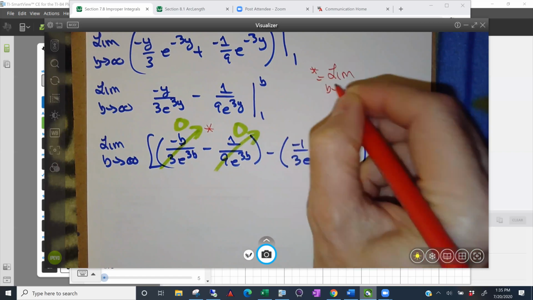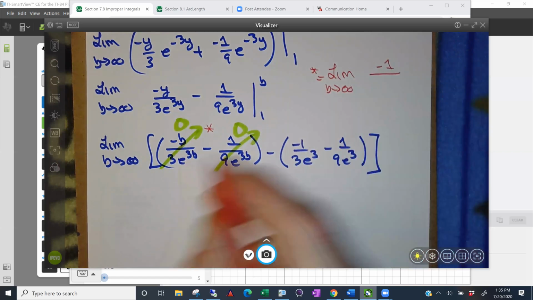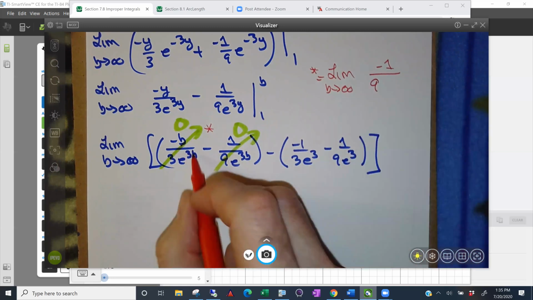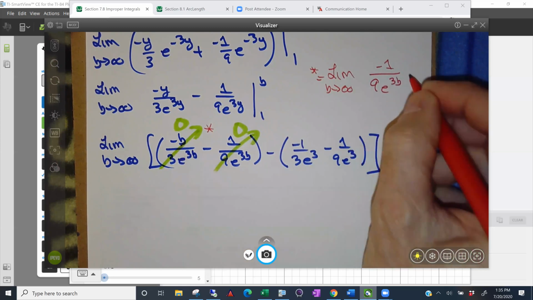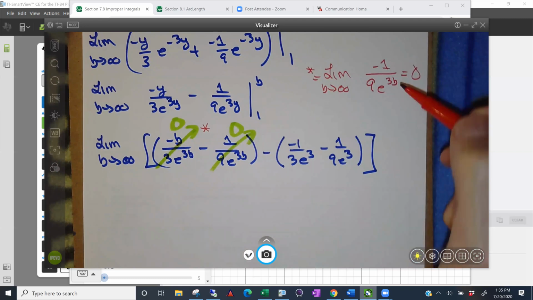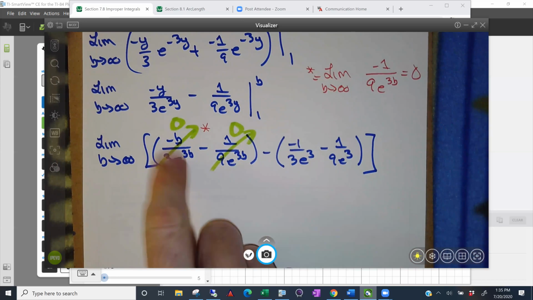As b approaches infinity, negative 1. And in the denominator, I'll have 9, because the 3 is going to come out in front, 9e to the 3b. And now this limit clearly goes to 0. So if you wanted to use L'Hopital's rule here, you could.